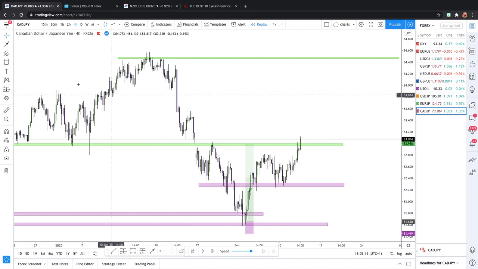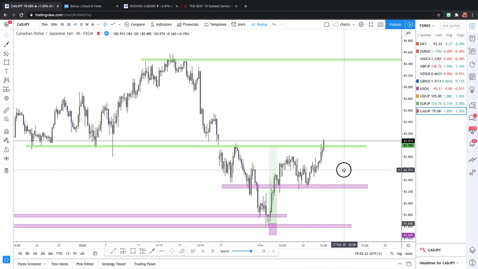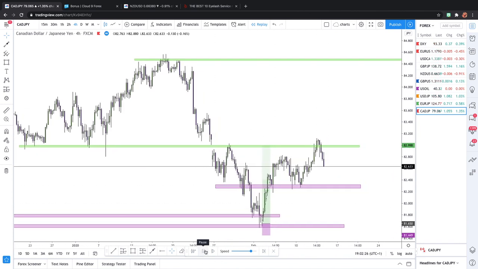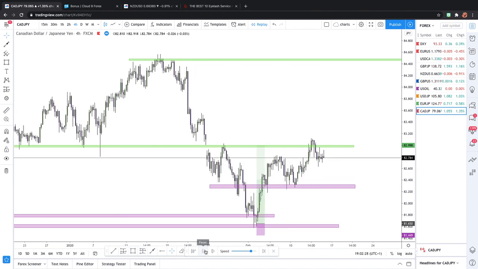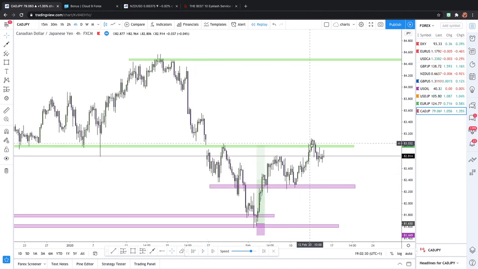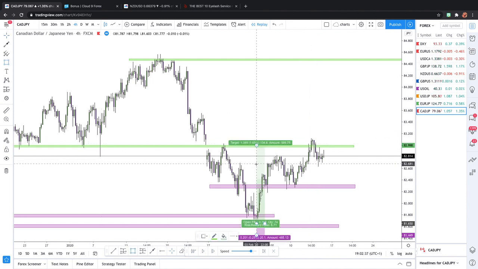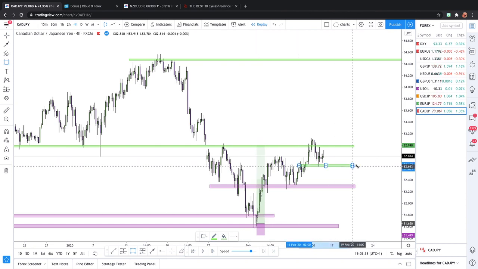In between here, we have minor support or minor resistance, but it should end up going to that 84.5 target. Let's just see. So what happens here is this is our first target. It respects, and then it comes down to this level, and here.